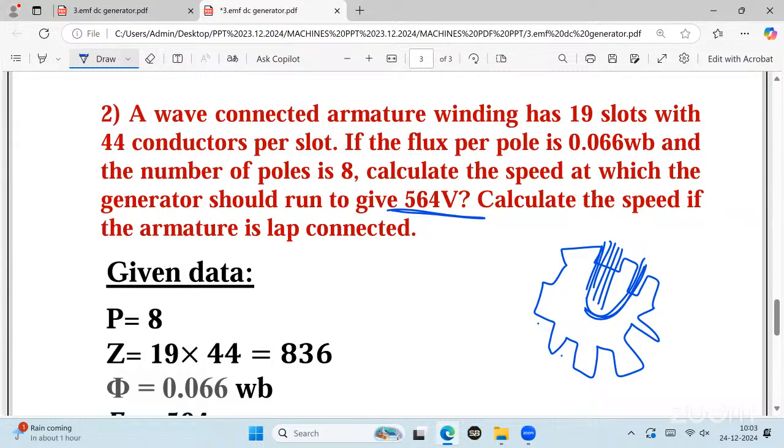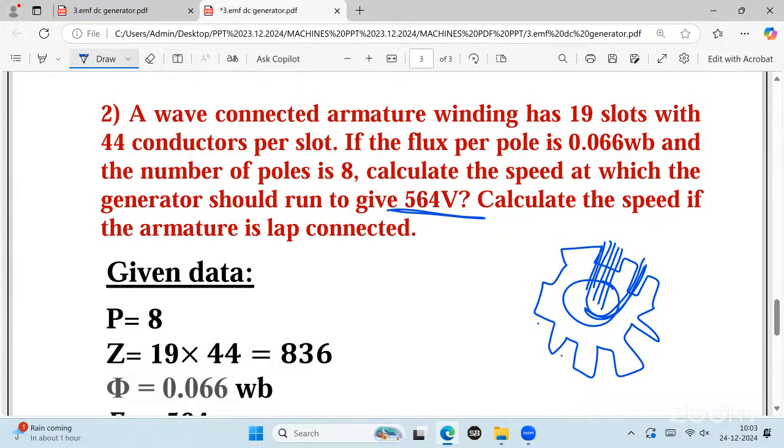Conductor means copper wire. In this copper wire, how much voltage is generated? 564 volts has been generated.